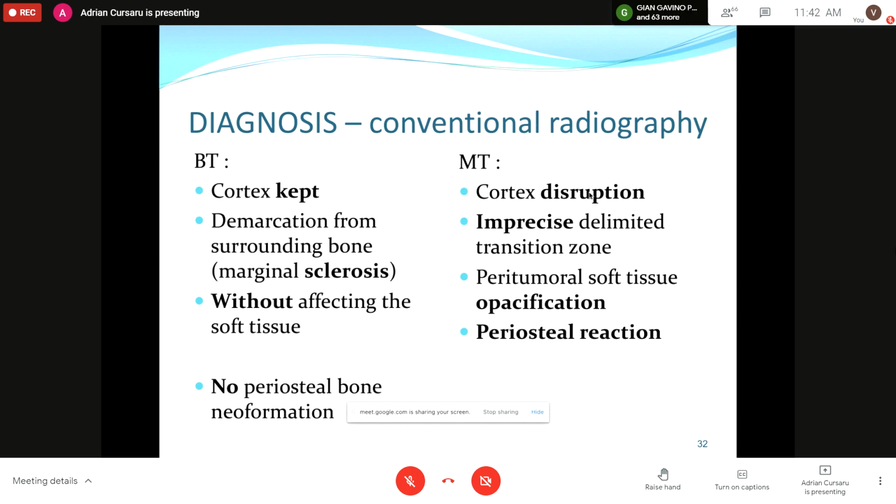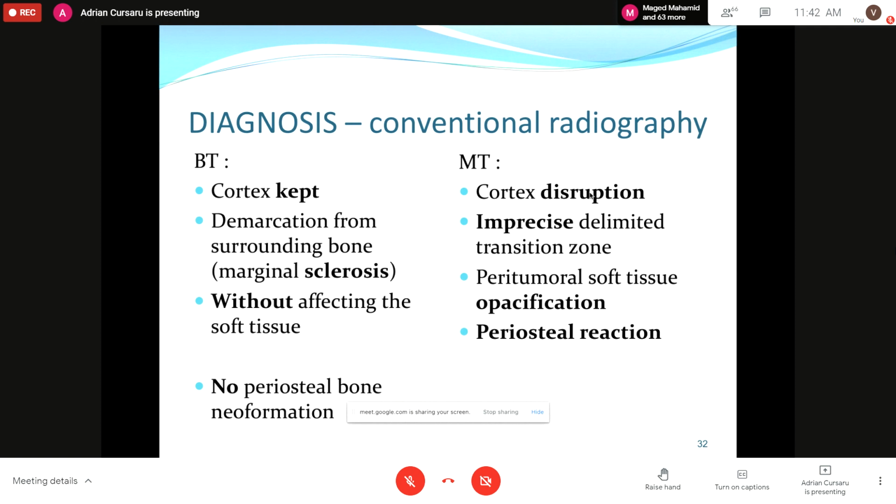For the malignant tumors, the cortex is disrupted, imprecisely delimited with a transition zone, peritumoral soft tissue opacification, and periosteal reaction. The last sign is very important and most frequent, and it is very important to recognize on the X-ray or on the CT scan to make a diagnosis between benign and malignant tumor.